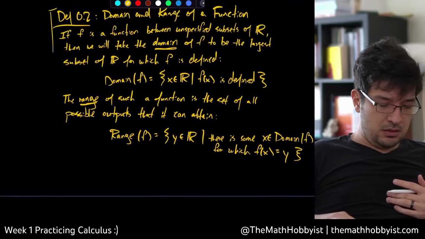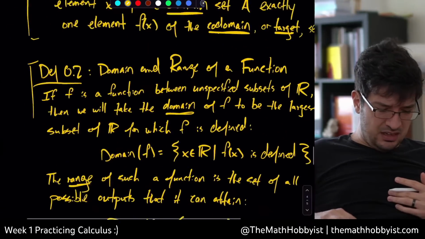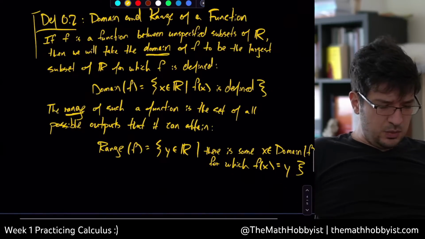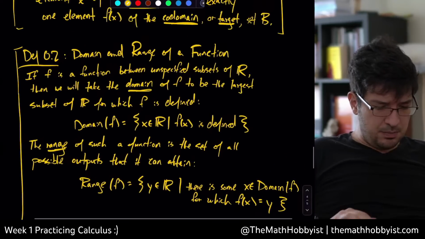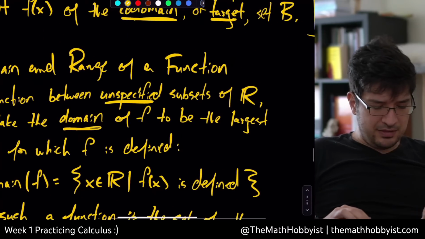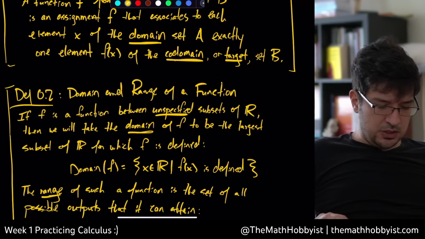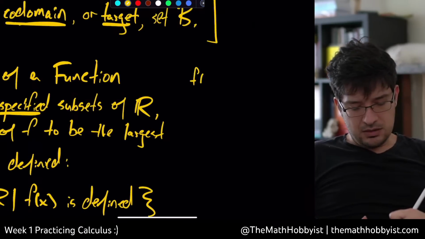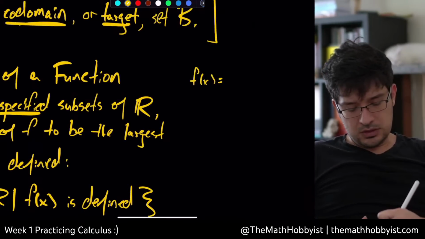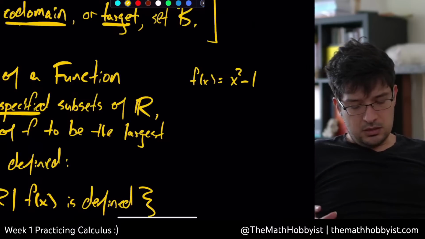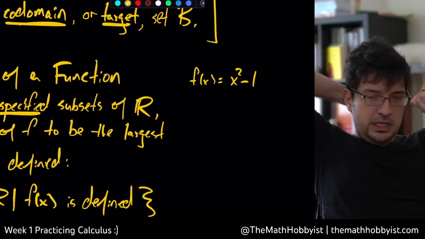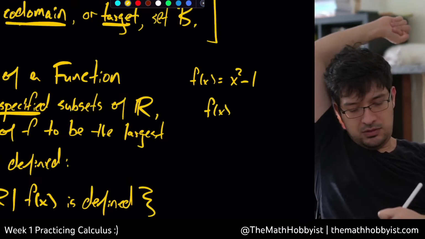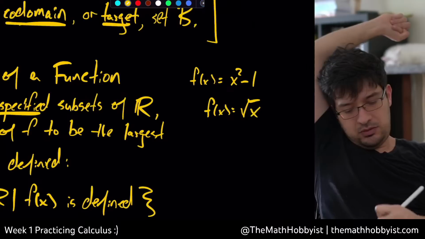And then I find it's weird that they redefine domain of f. It's like we're talking in this definition about an unspecified function, like if we just write down f of x equals x squared minus 1 or whatever, or maybe a better example is f of x equals the square root of x.